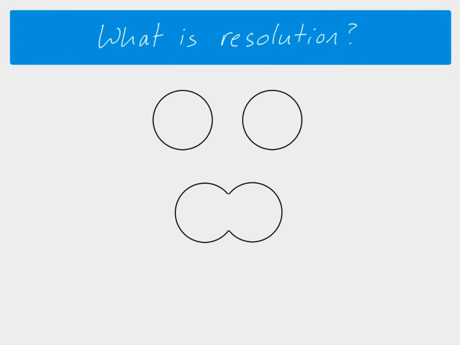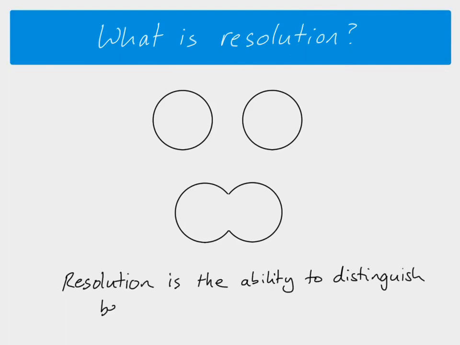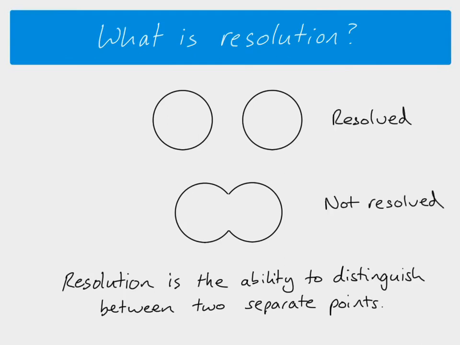So this is an example of higher resolution, and this is an example of lower resolution. And we can define it like this. If we have a situation where our 2 points are separate, we say that those 2 points are resolved. And if they are together, we say they are not resolved.